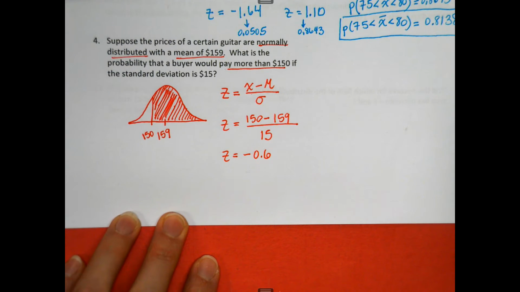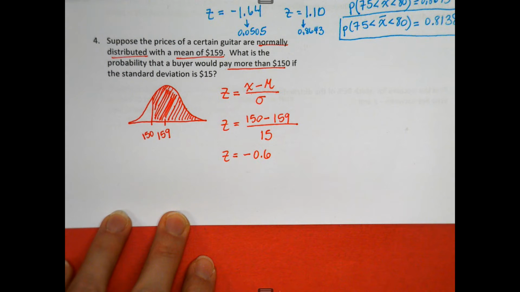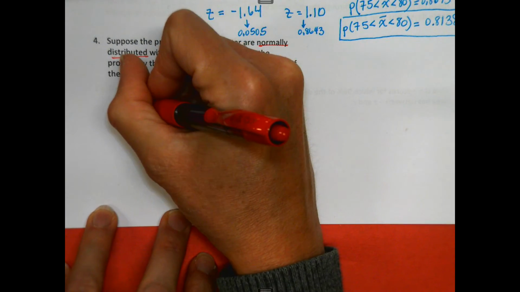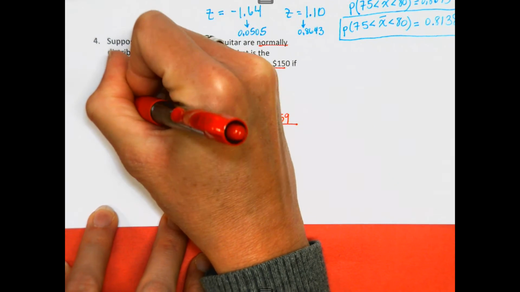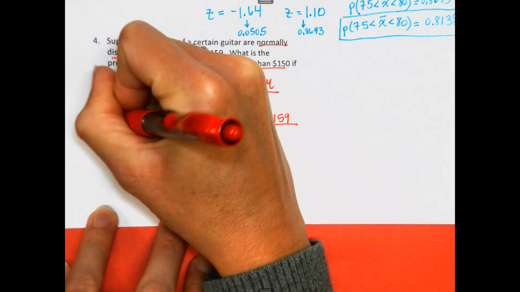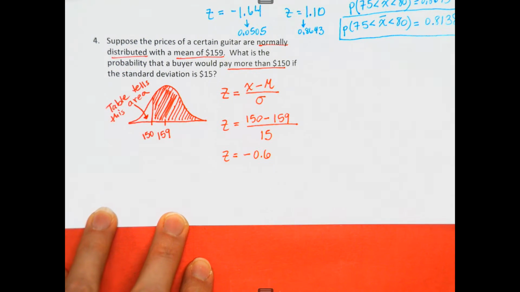Once we know our z value, we're going to have to use our standard normal probability table. Now, our standard normal probability table gives us area to the left. The table is going to tell us this area. But we want the area to the right.